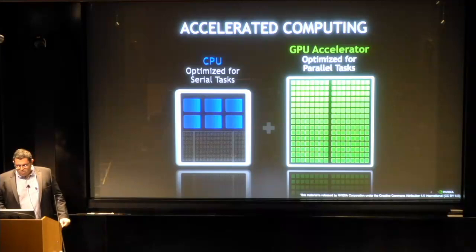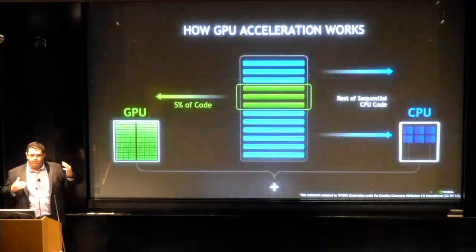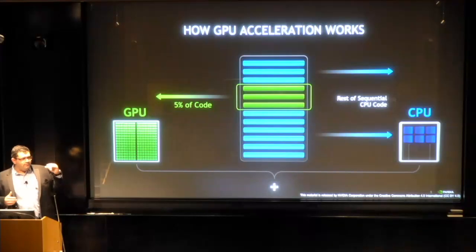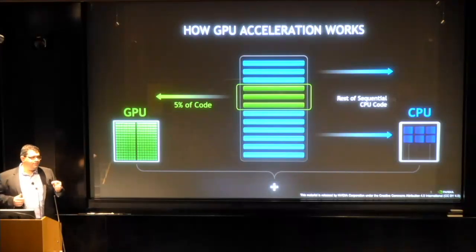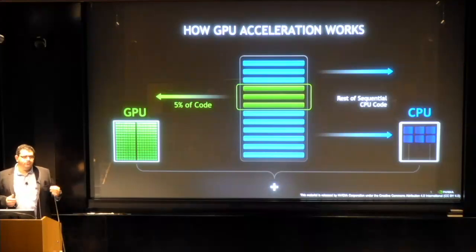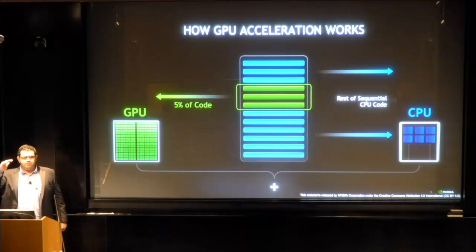Okay, and so when you think about your code that you have maybe in your current workflow, you'll have 5% of your code that might be really hot with a lot of compute. You have probably some for loops or nested for loops where you're really running some function and you're doing some very heavy calculation in there. And then the rest of that is some serial or sequential code.